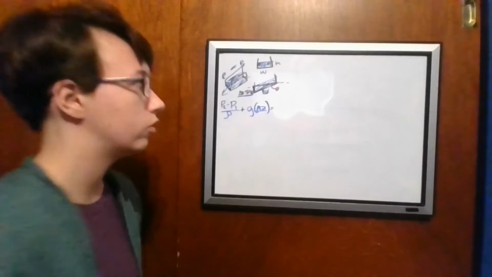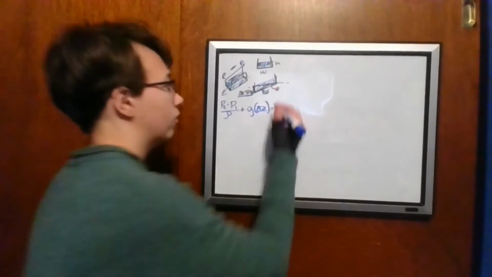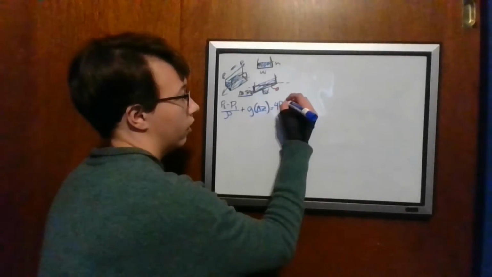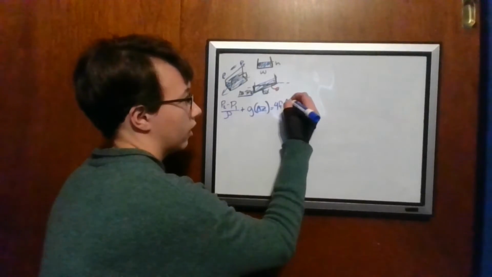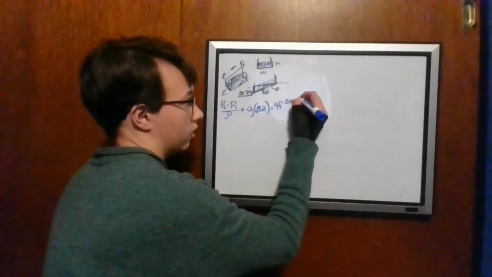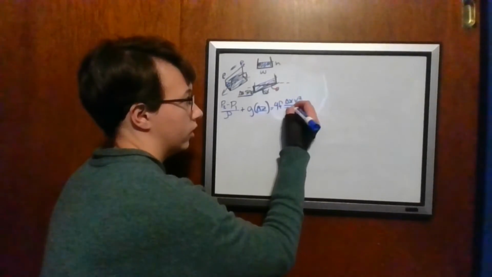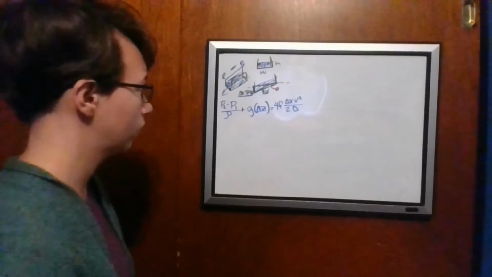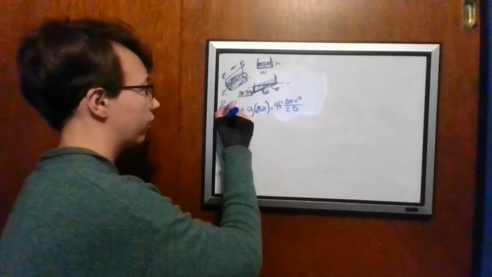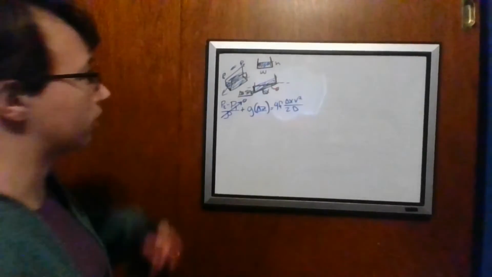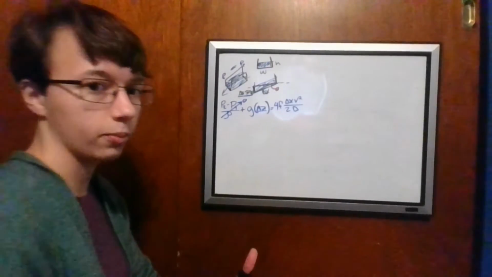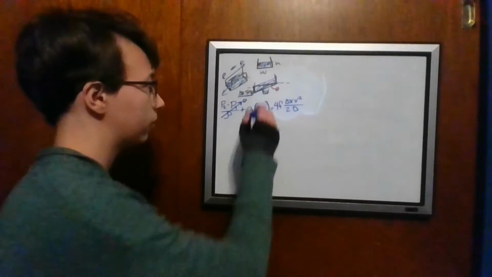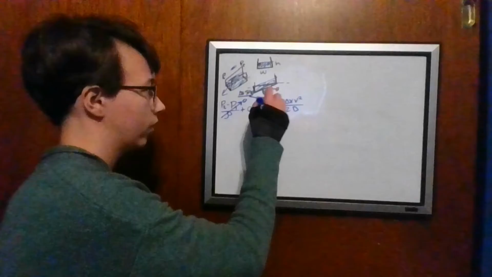And that's equal to the frictional heating, which is 4 times the Fanning friction factor times delta x times v squared over 2d. Alright, so we know that this term is going to go to 0 because these two pressures are equal as it's open to the atmosphere. And then we are going to plug this value into here.